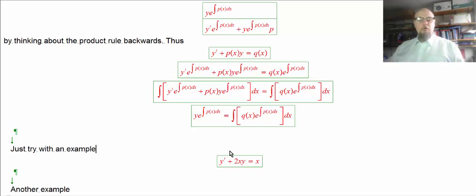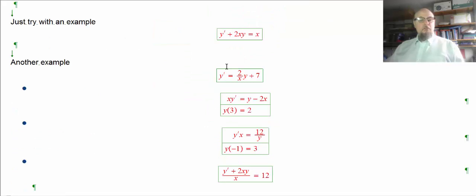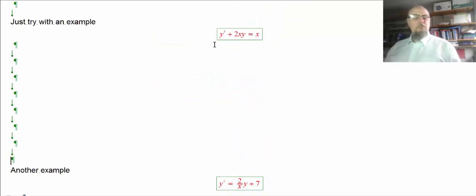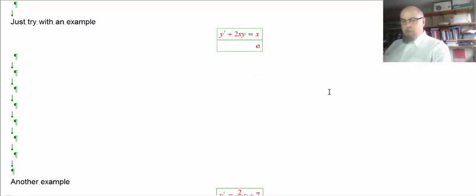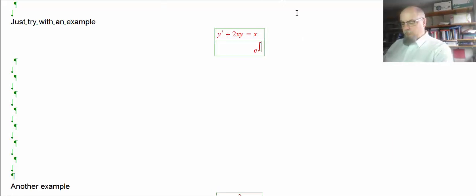Let's do an example. This first example is already set up in the right form: y prime plus py equals q. The p then is the 2x. So I need the integrating factor, e to the integrate 2x dx.